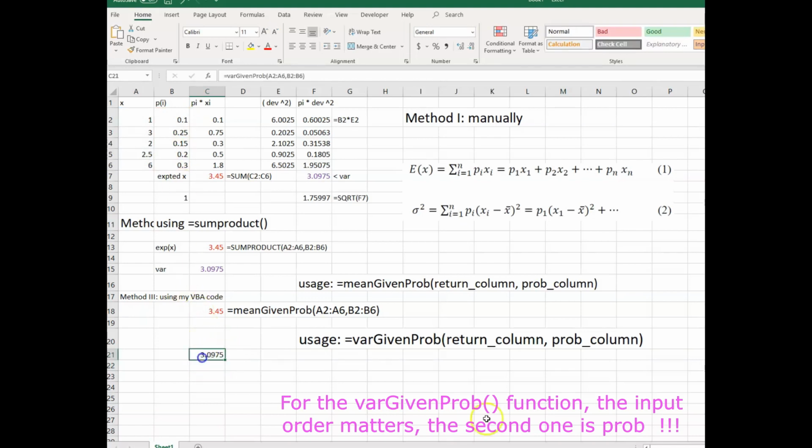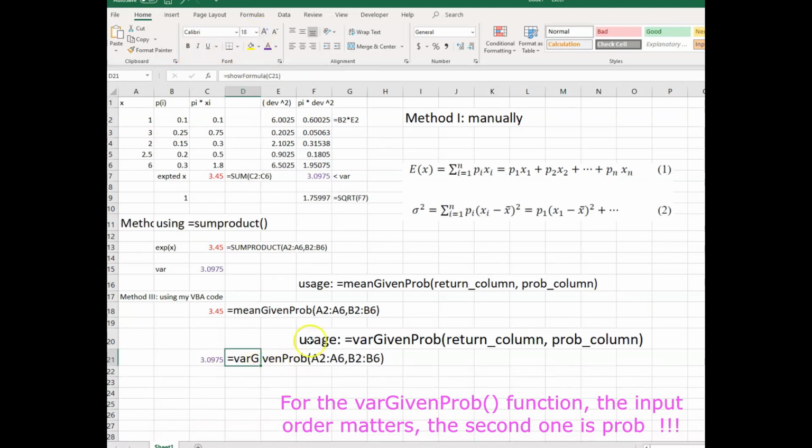So this is 3.09. It's the same thing as here, the variance. I'll make the show formula available. So this is exactly our formula.